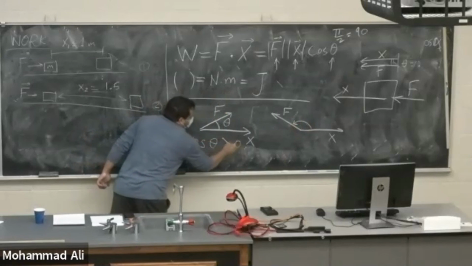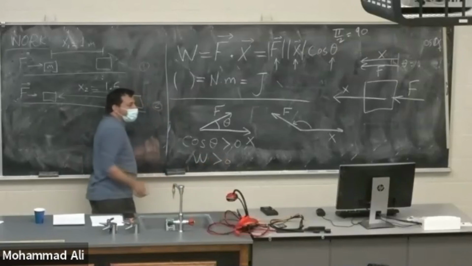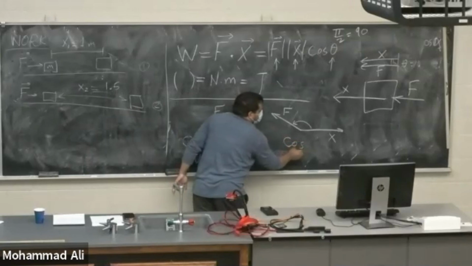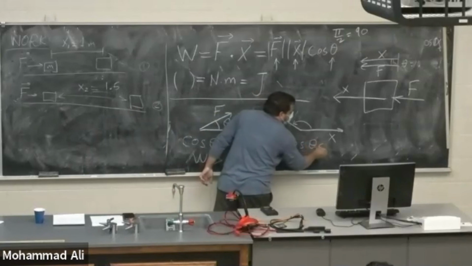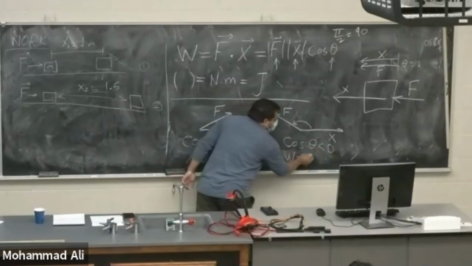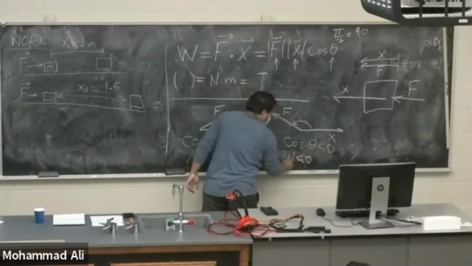is bigger than 0. Then the work is bigger than 0. It is positive. Here, cosine theta is negative. Because of that, the work is negative also, or less than 0.